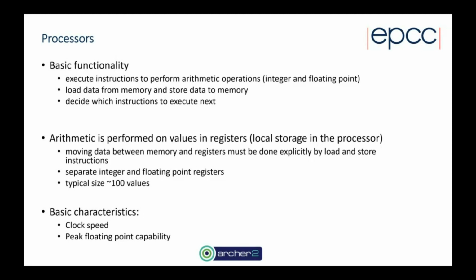So we are limited in the amount of memory we can put directly into a processor which runs at the processor speed. So we're limited in the amount of these registers that are available to us. So typically a processor will have somewhere between 60 and 100 registers. There'll be separate ones for integer numbers and for floating point numbers, but that's the local storage you have.